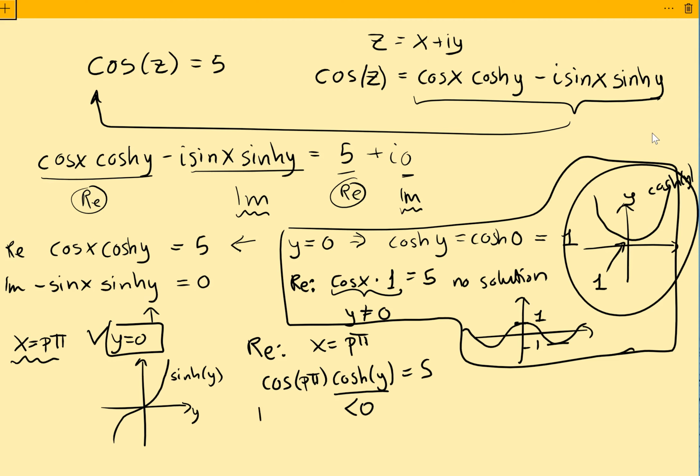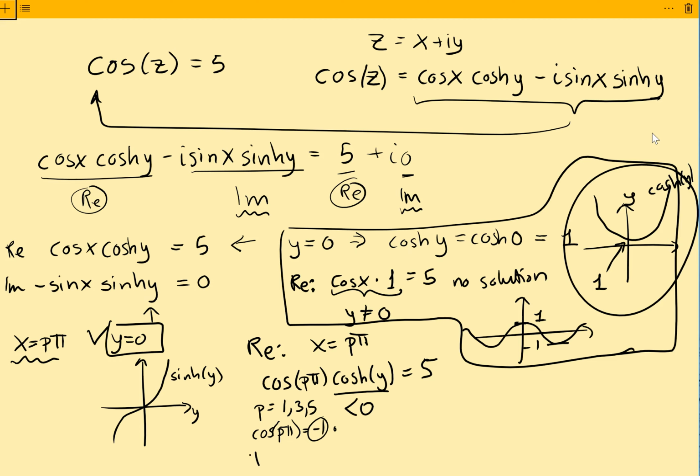So if p equals, say, 1 or 3 or 5, then this part over here, cosine of p pi, would be -1. So we would have -1 times something that's positive over here, which can never be positive 5. So we would have to exclude the values of p that are odd.